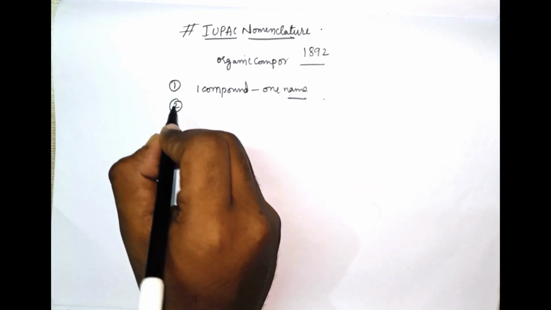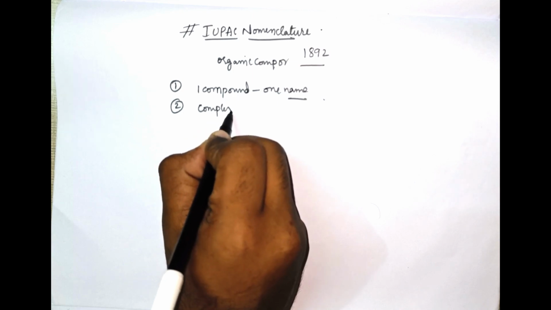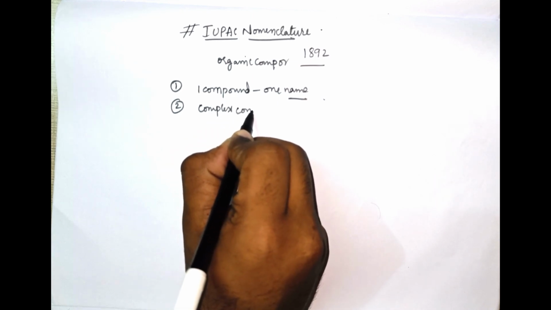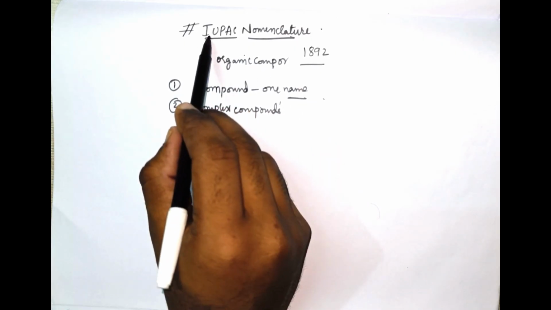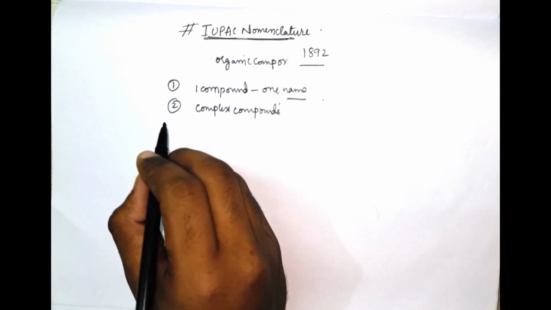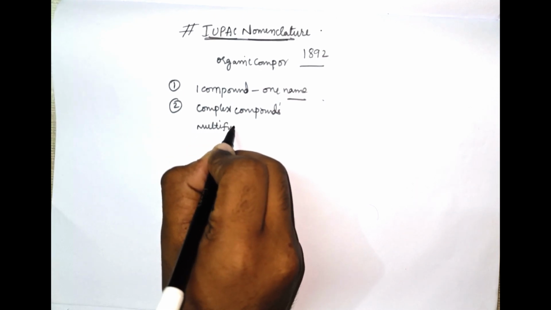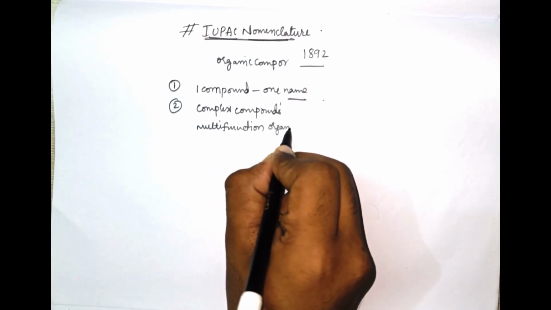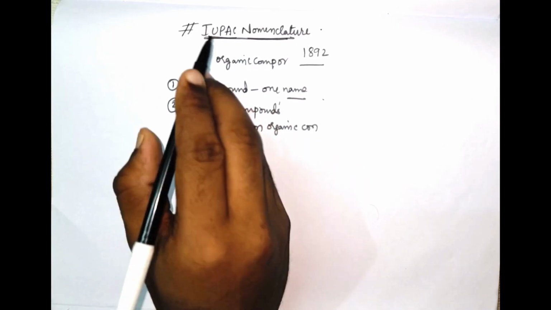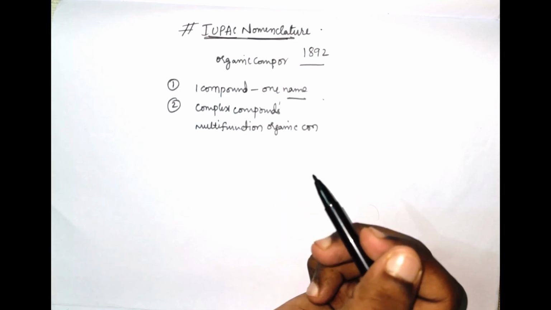As for the second feature, even for very complex compounds, naming can be done using this type of nomenclature, even if it's a multifunctional organic compound. Even if it's a multifunctional organic compound, we can use this sort of nomenclature and name the organic compound.